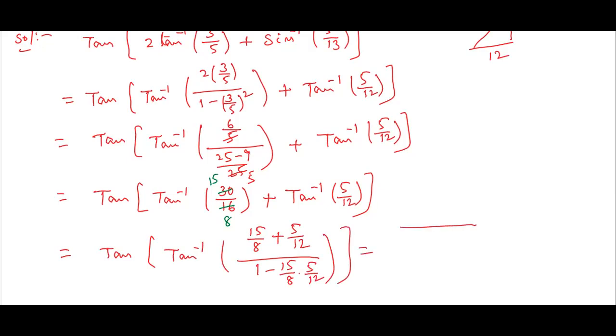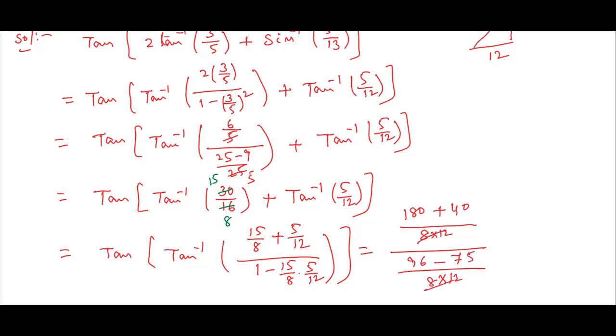Remaining numerator: 8 into 12 LCM, 12 into 15, 180, 8 into 5, 40, divided by LCM 8 into 12, 96, minus 75.